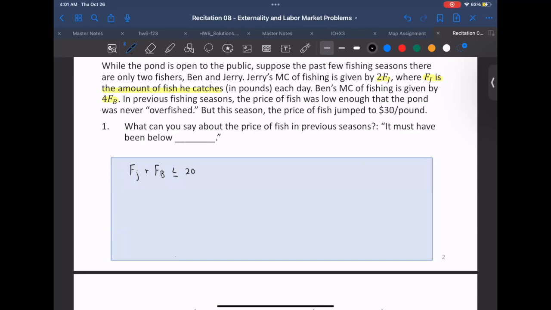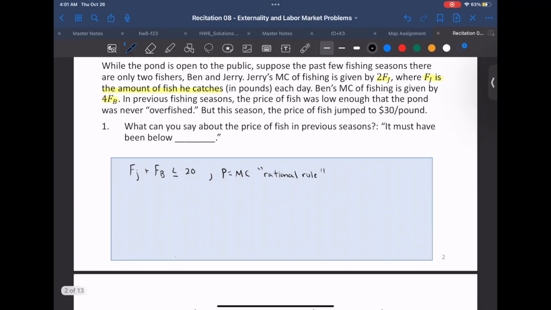We also know that Ben and Jerry are going to keep catching fish up to the point where price is equal to marginal cost. And why do we know that? Because of the rational rule, where we keep doing something, in this case catching fish, until the price at which we can sell the fish is equal to our marginal cost.